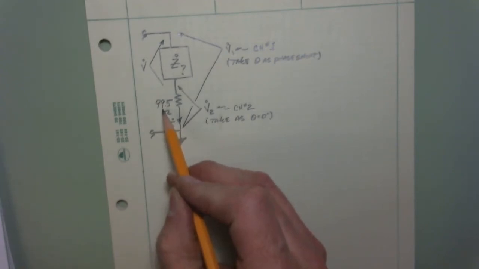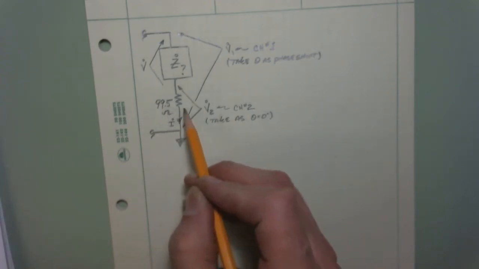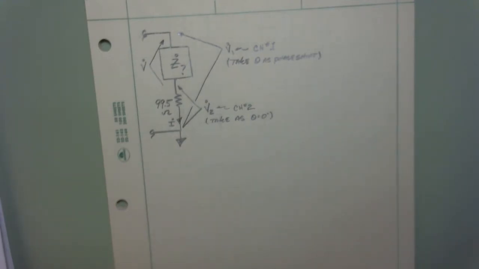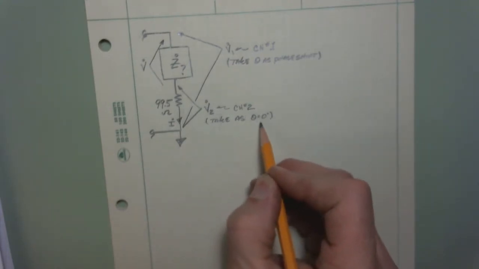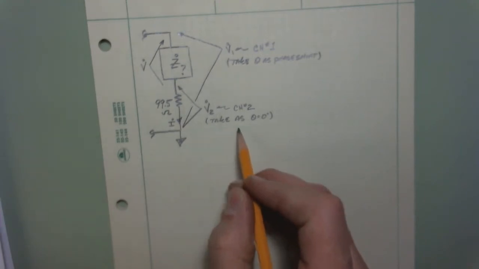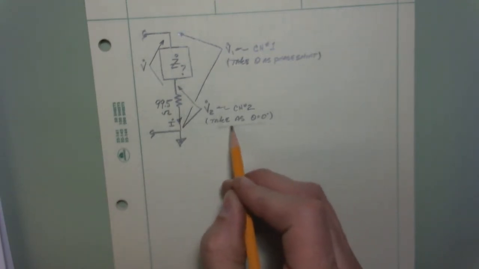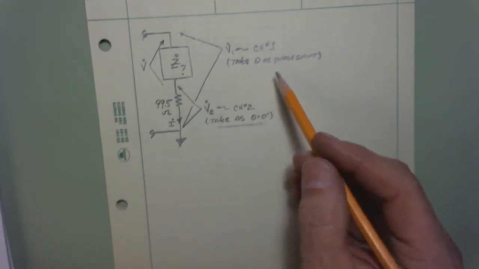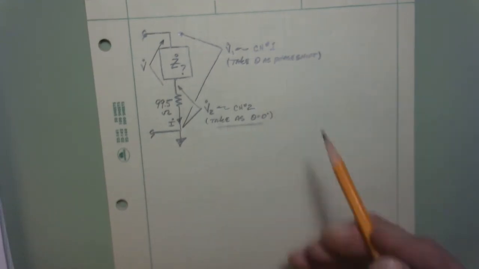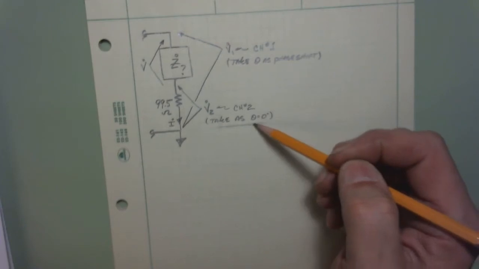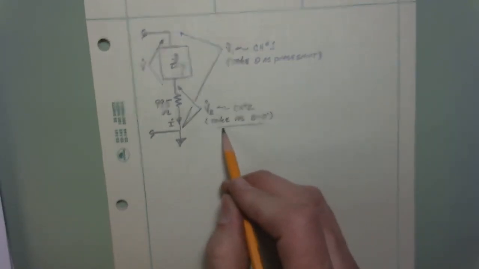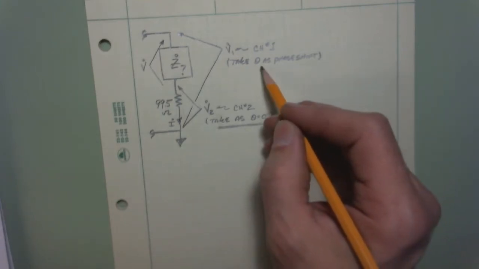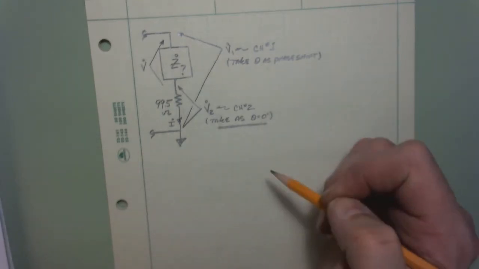So there's our resistor, 99.5, and by taking the voltage of channel 2, I'm going to take it as a reference of 0. You could say it was some odd angle and then this has shifted yet further, but why make life miserable? We could take this as 0, or we could take this as 0. This one I'm actually going to have to do more calculation with, so I'll take this as 0 and then take this angle as whatever our phase shift is.